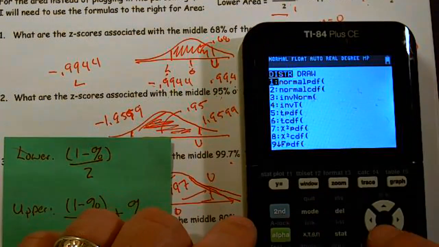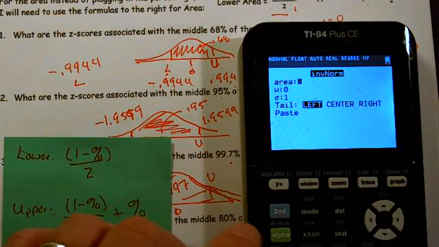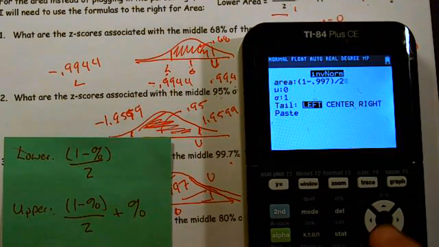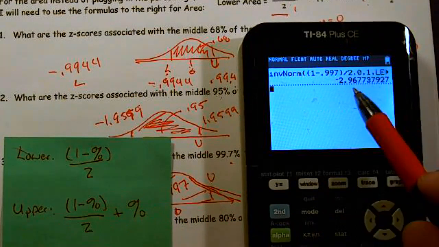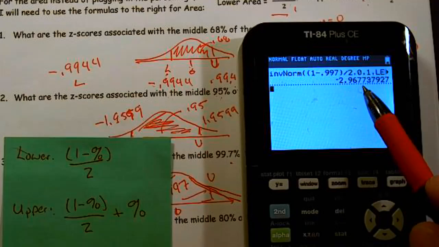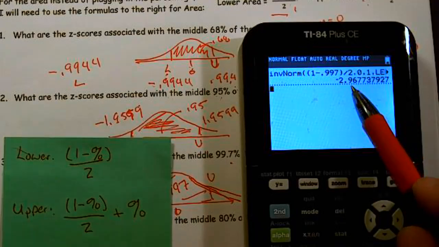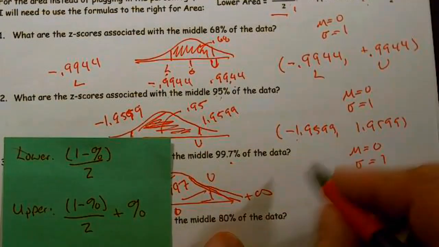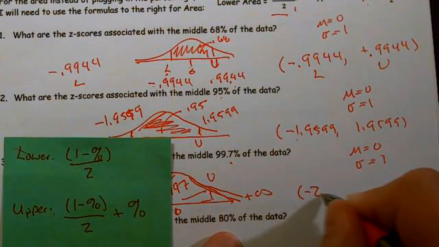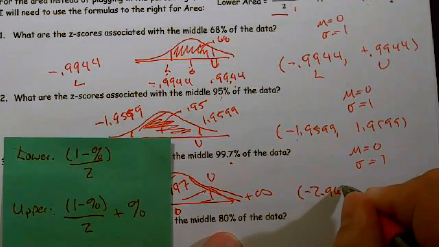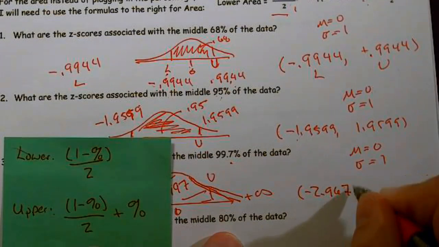Second vars, inverse norm. And we have parenthesis 1 minus 0.997 divided by 2. And we end up getting 2.9677. Yeah, that does kind of round up to 3. So we have a lower bound of negative 2.9677.